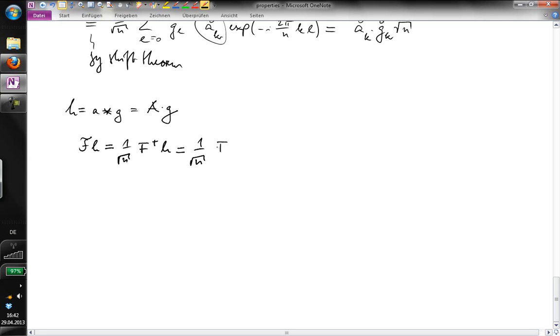I insert this definition of H in terms of A times G. And when we'd studied this eigenvector problem, we had seen that AF equals F adjoint times this diagonal matrix, meaning that A is F adjoint the diagonal matrix. No, there's some error here.